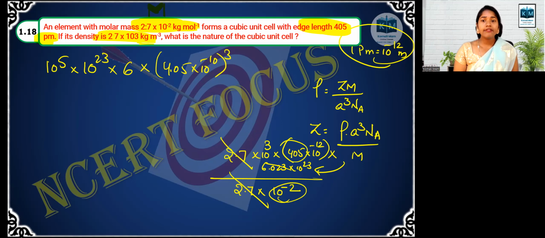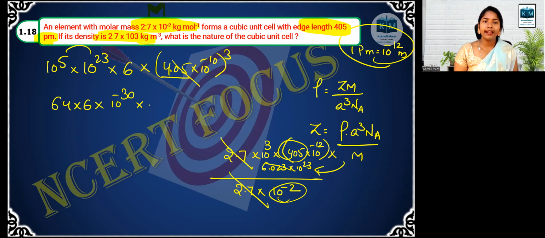If you change it into this format, it becomes easy instead of doing the whole cube of that entire value. Now I'm going to do 4 cube, neglecting this term. 4 4s are 16, 16 4s are 64. So 64 into 6, and this will be 10 power of minus 30.